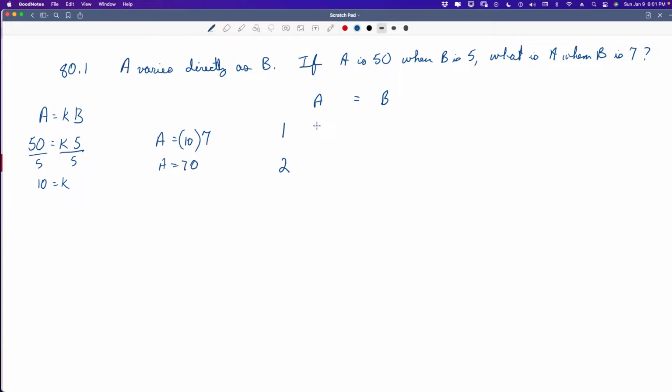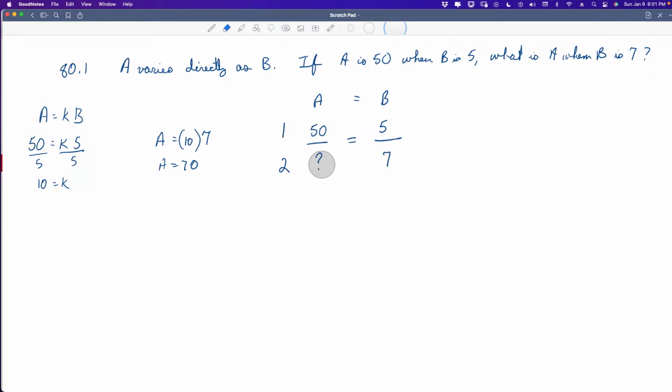So if A is 50 when B is 5, that's the first event. So those are paired together as our first event, A1 and B1. What is A when B is 7? That's our second event.